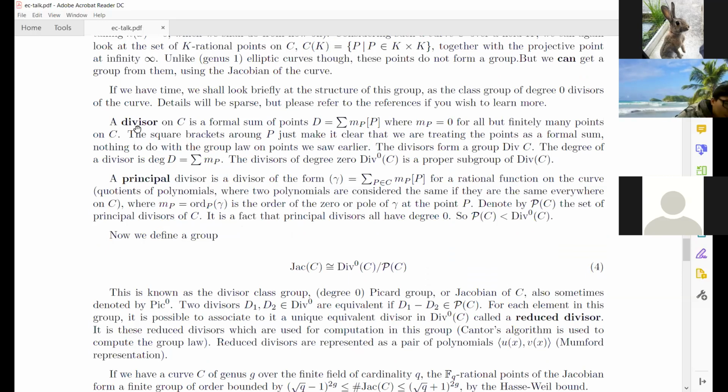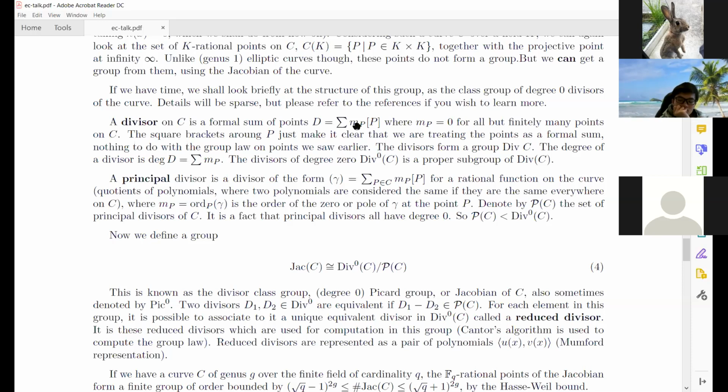So I'll call a divisor just a formal sum of points. It's not a sum of points. We're not adding the points up like we did with the group law, because remember there's no group law yet on the points. So we just write the square brackets around the point to show that we're just treating it as a symbol.